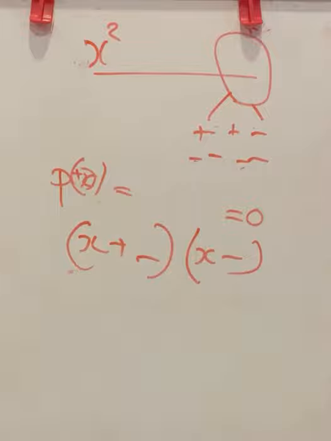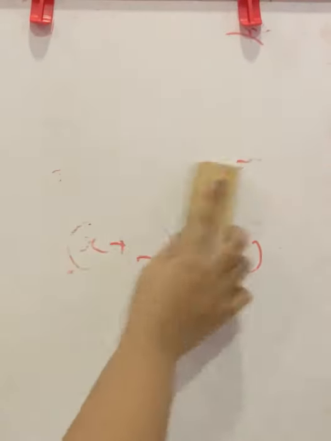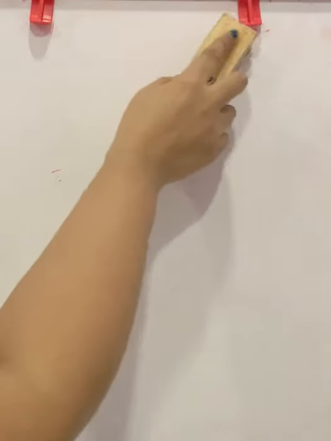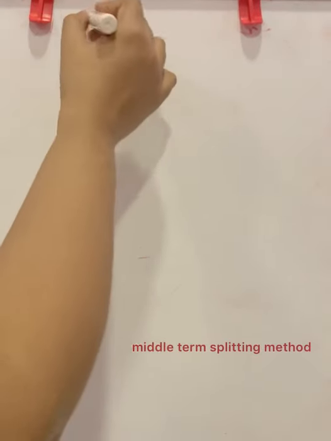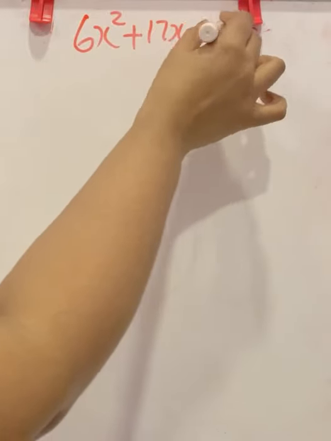Now we are moving to another method, that is the middle term splitting method. Again we are doing this in quadratic polynomials. Let us do an example here, the same example from the factor theorem, 6x square plus 17x plus 5.